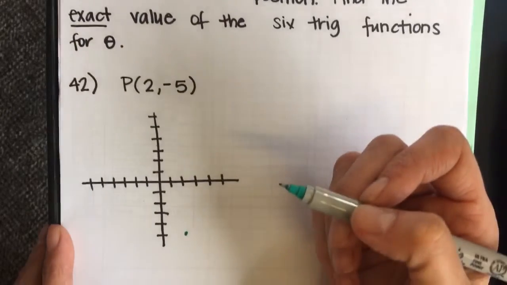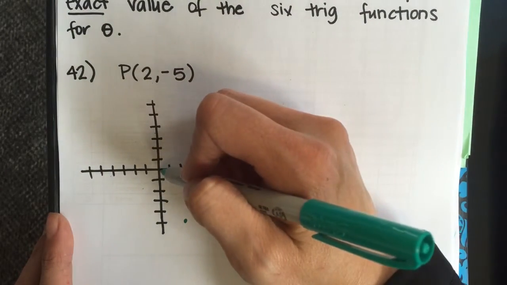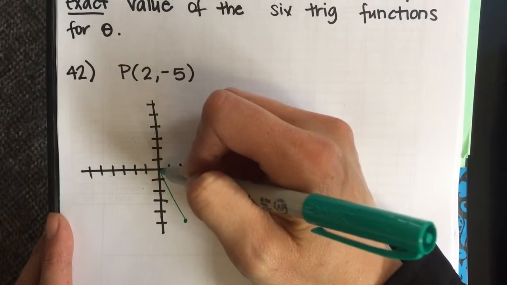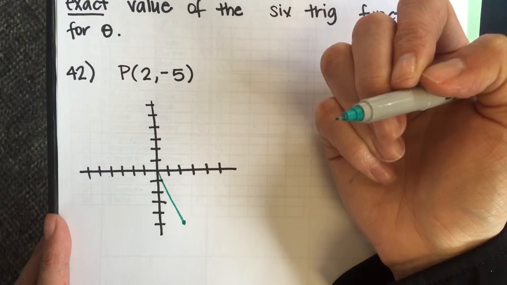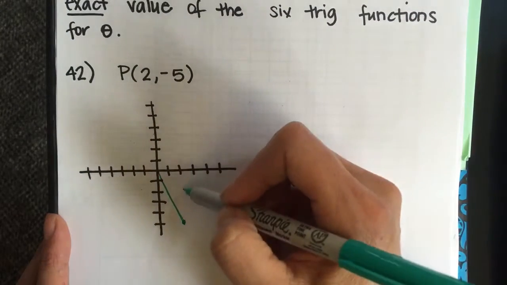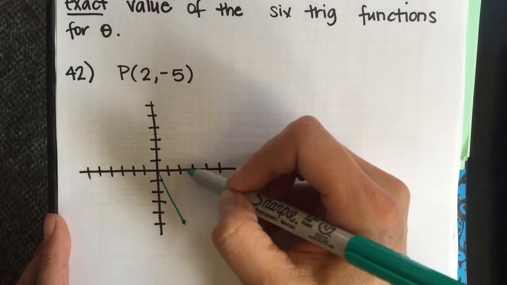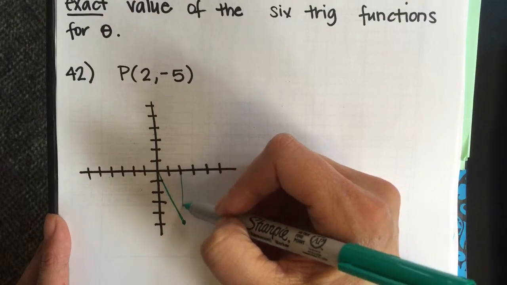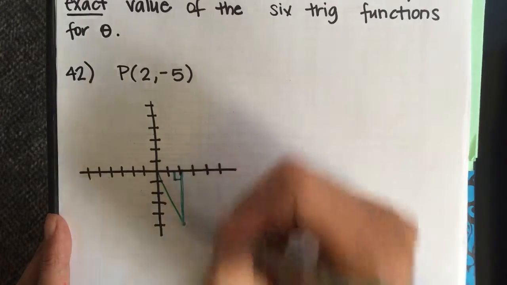So we're going to make an angle that starts at the origin and goes to that point, right there. Now just like reference angles, these have to be part of the bow tie. They have to go to the x-axis. So when I make the third side of my triangle, it has to always go to the x-axis. So it's going to go like this. And there's your right angle right there.